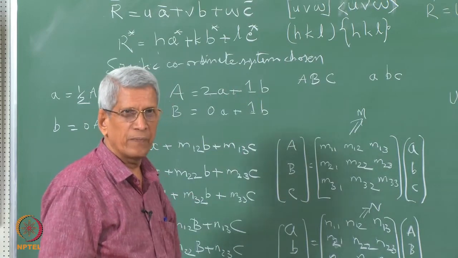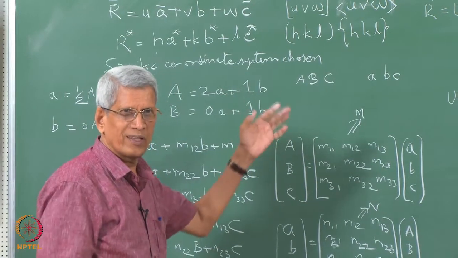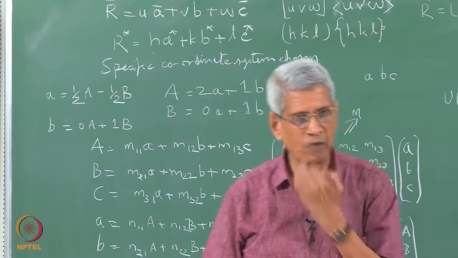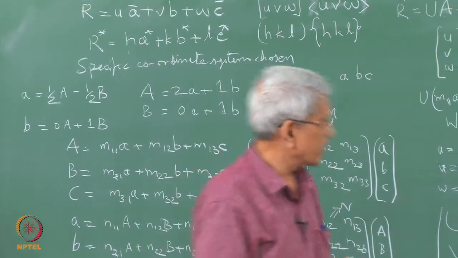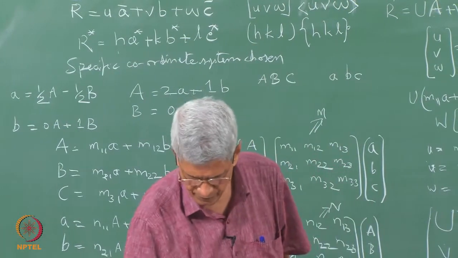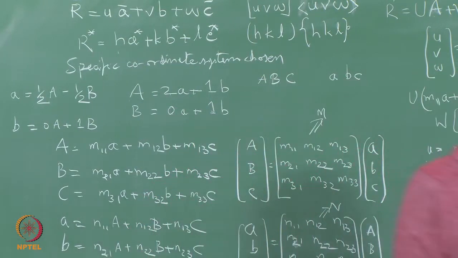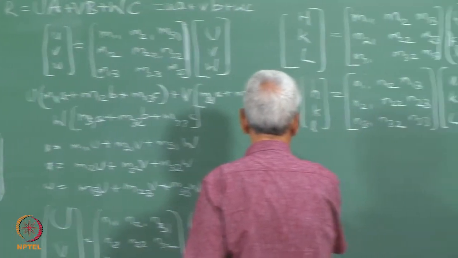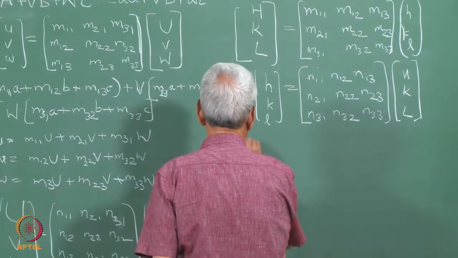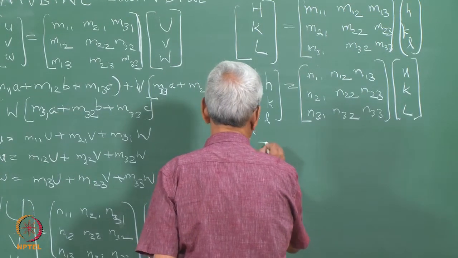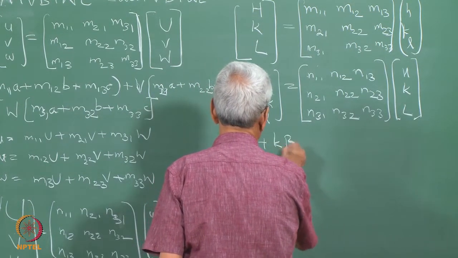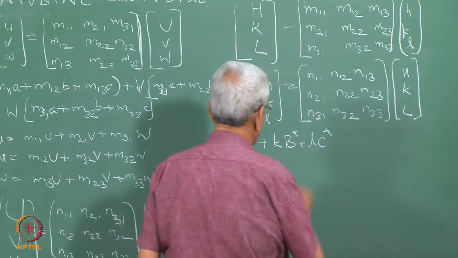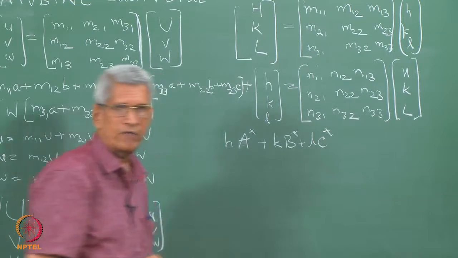If we choose that, for both the lattices, whichever indices we have used, there will be two types of lattices. Then suppose we take H into A star plus K into B star plus L into C star. This is all in capital which we have taken.